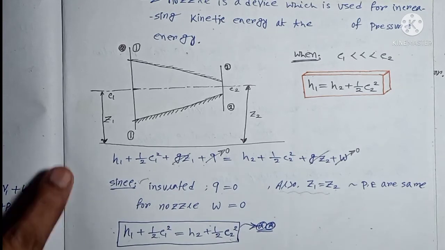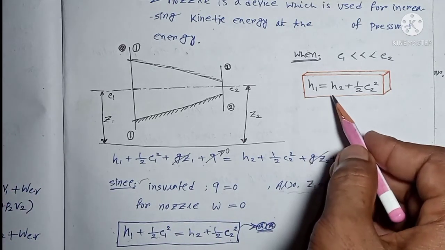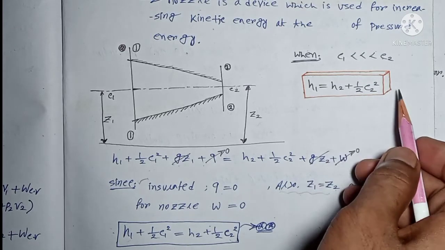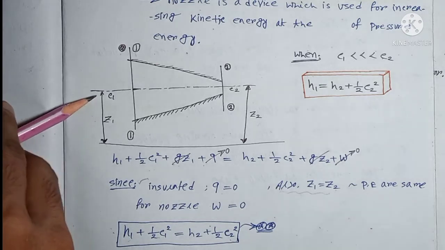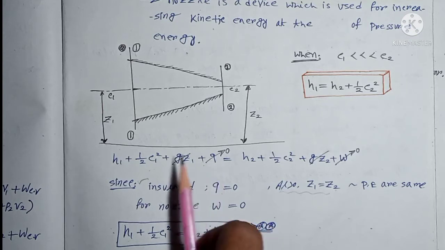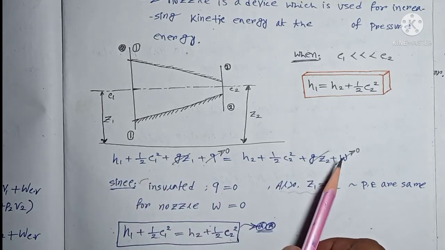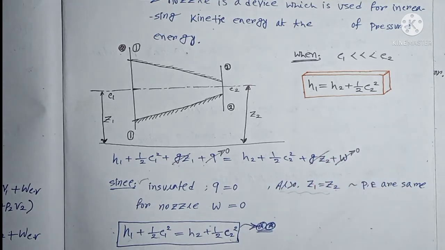This half of C1 square is also equal to 0. This time we get H1 is equal to H2 plus half of C2 square. So if you get any question on the nozzle, first write down the steady flow energy equation, and based on the condition given in your question, you can reduce this steady flow energy equation into a shorter one, either this one or this one, based on your question.